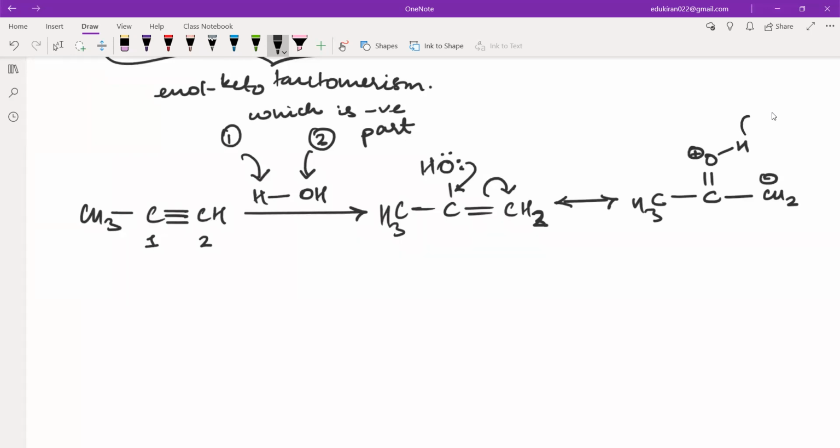This hydrogen will be very electron deficient, electron poor, because it is attached with oxygen, which is having a positive charge. So this oxygen will be pulling all the electrons. Yes or no? This carbon is going to be electron rich because it has negative charge. So an attack can happen from electron poor to electron rich, and you will be getting the product.